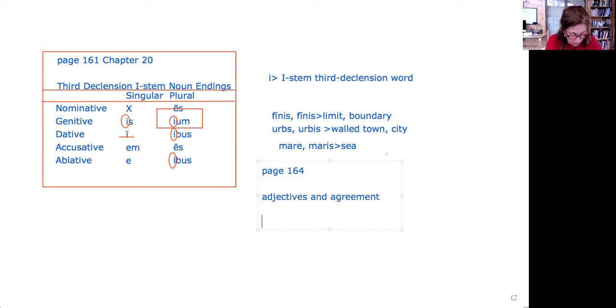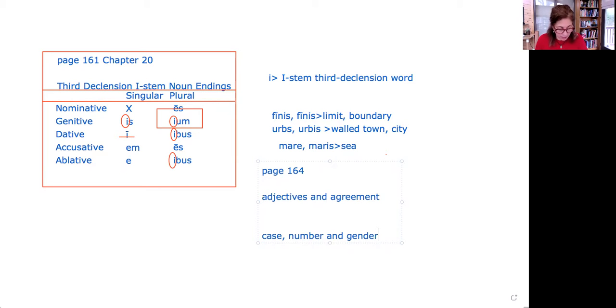You recall adjectives are words that modify or describe nouns. Hopefully you remember in Latin, an adjective has to agree in case, number, and gender with the noun that it's modifying. This doesn't mean that it must agree with the noun in endings.